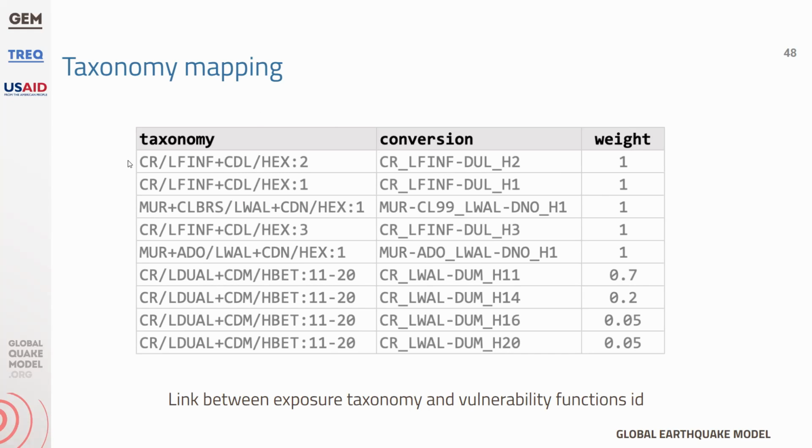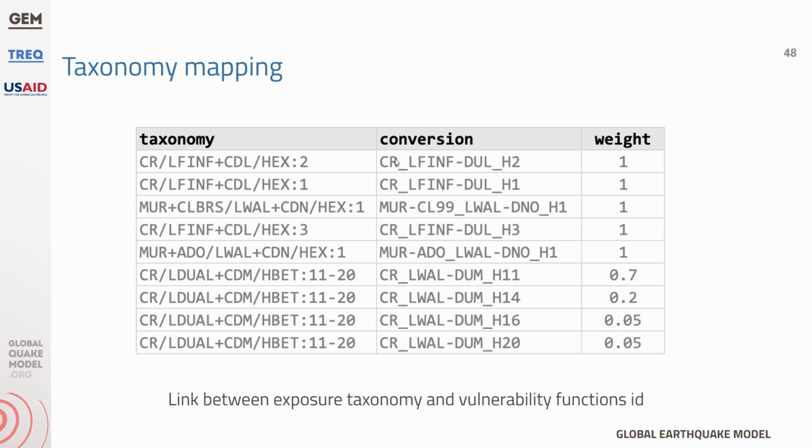So I can see that for infill masonry, so masonry infills confined by concrete elements of 2 stories, we have a building curve whose name is not exactly the same one. You can see this is following the GEM taxonomy. This is following a different taxonomy, okay?